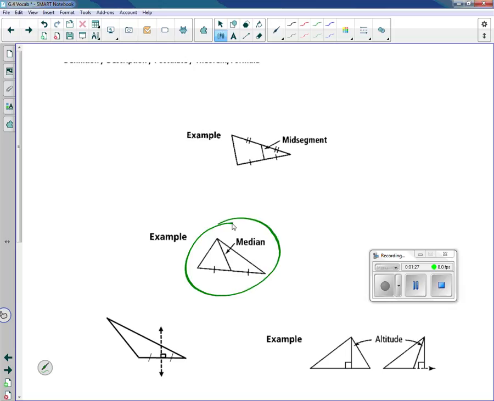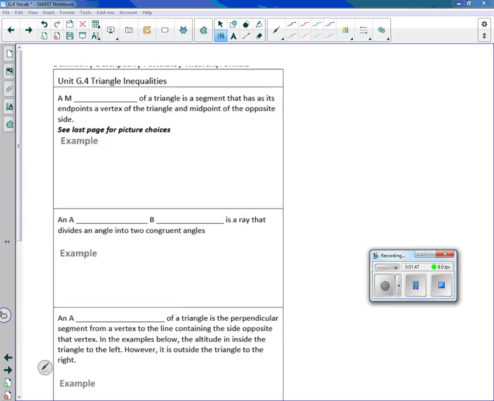Now I want to challenge you. Look at the definition and see if you can figure out which picture goes with each one. Put me on pause and see if you can do that. All right. Let's see if you got it right.